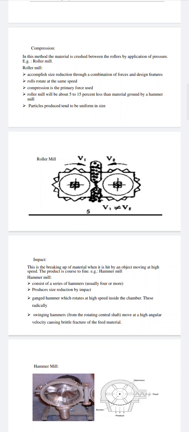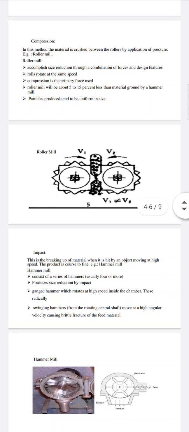One roll is fixed in position and the other can be moved closer to or further from the fixed roll. The rolls counter rotate either at the same speed or one may rotate faster. Roll surface may be smooth or have various grooves or corrugations.